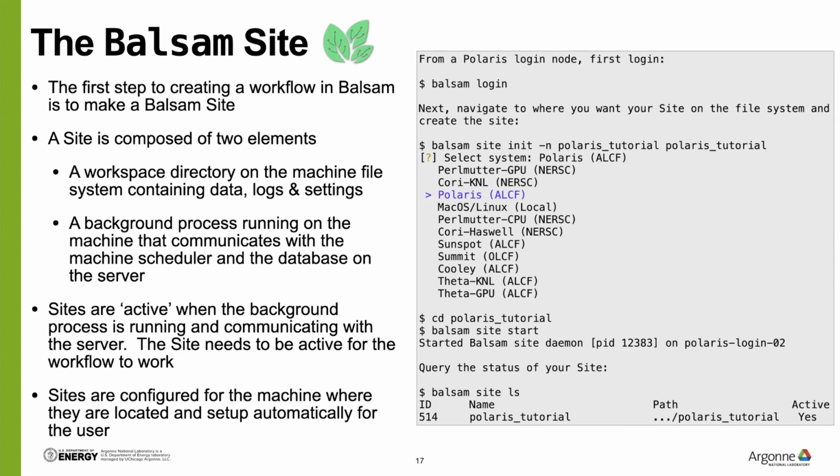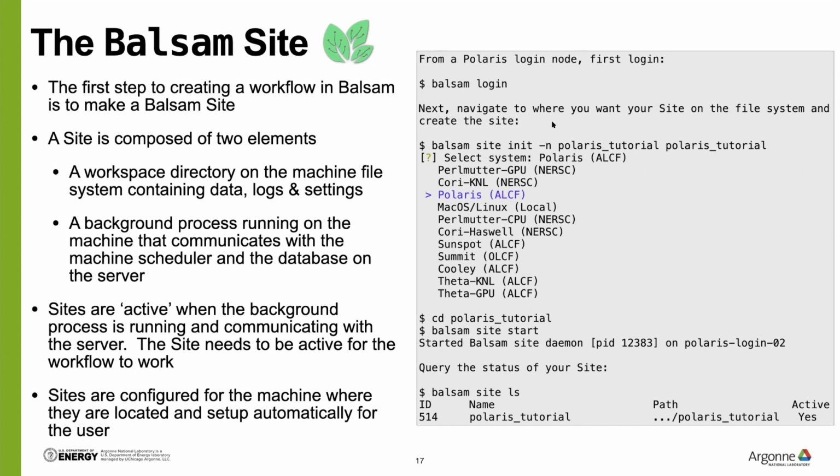And then it also has a background process that runs on the machine persistently and communicates with the machine scheduler and the database on the Balsam server. Sites are active when the background process is running and communicating with the server. The site needs to be active for the workflow to work, essentially. And the sites are configured for the machine where they are locally set up automatically for the user.